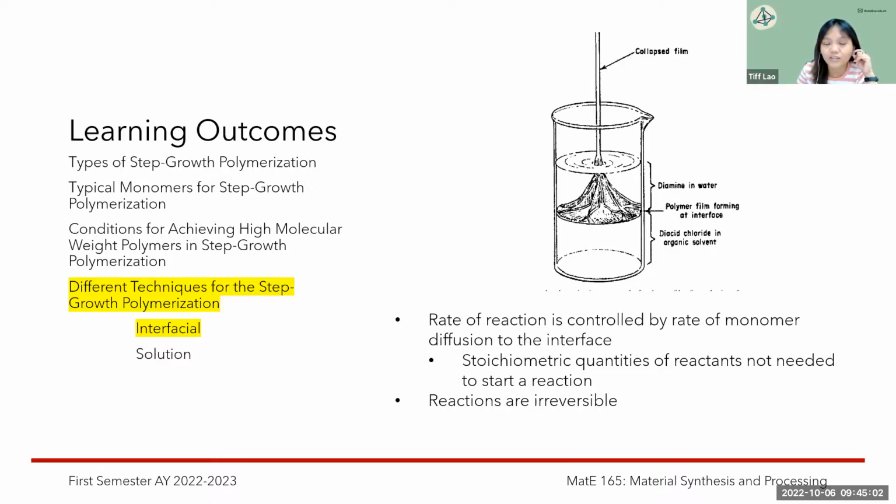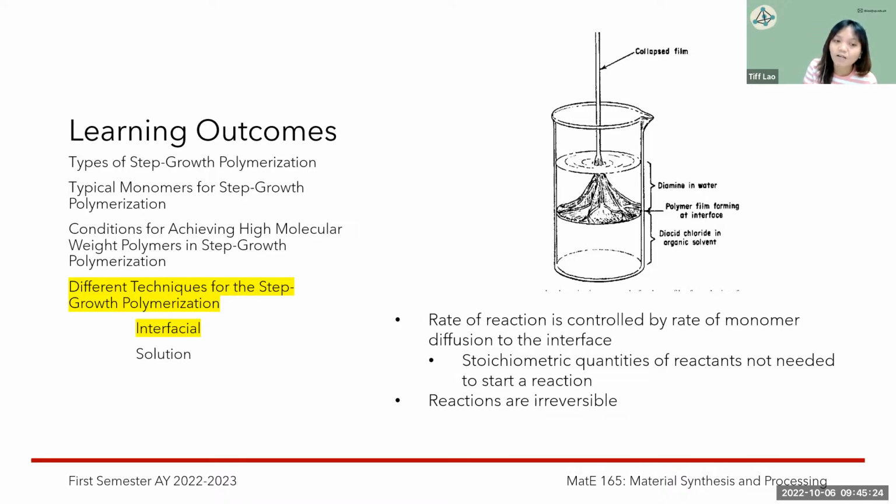So the rate of reaction in interfacial polymerization is controlled by the rate of monomer diffusion to the interface. And stoichiometric quantities of reactants are not needed to start the reaction. And reactions are irreversible for interfacial polymerization.